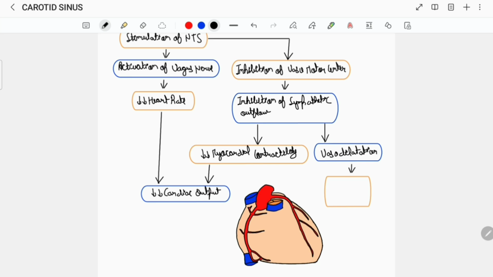Reduction in the myocardial contractility also causes a reduction in the cardiac output, and vasodilatation causes a decreased blood pressure. Also, this decreased cardiac output also leads to a reduction in the blood pressure.